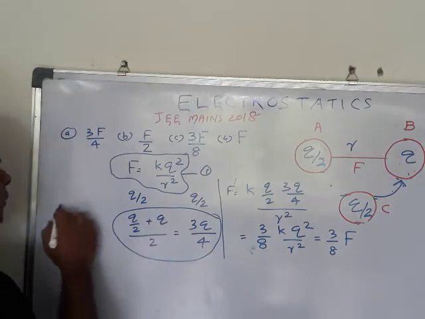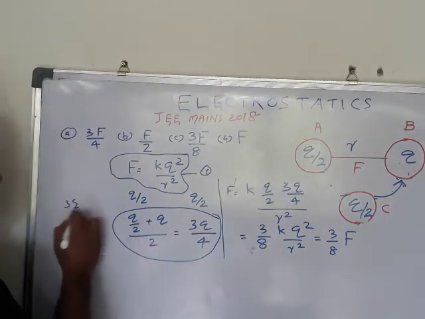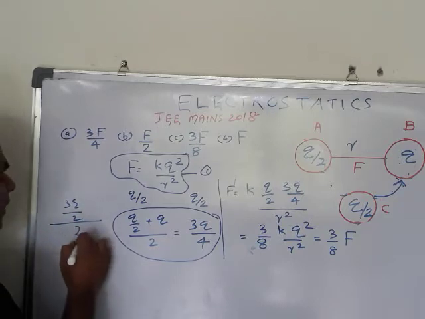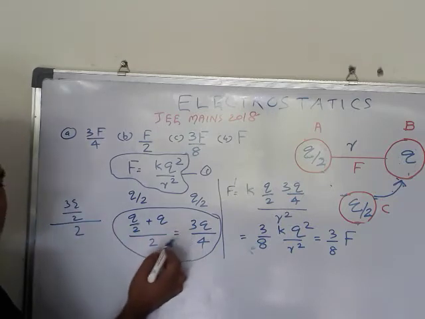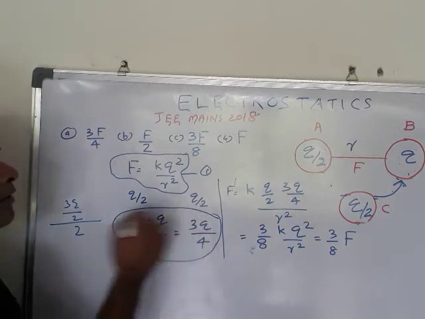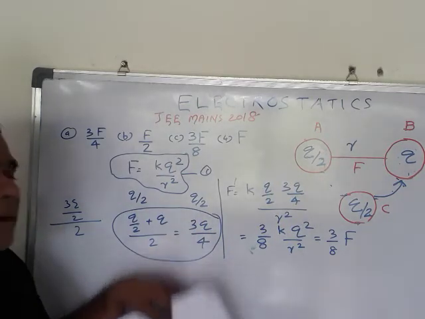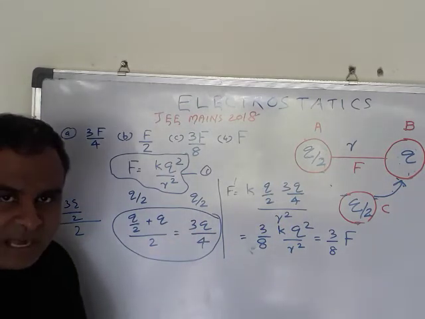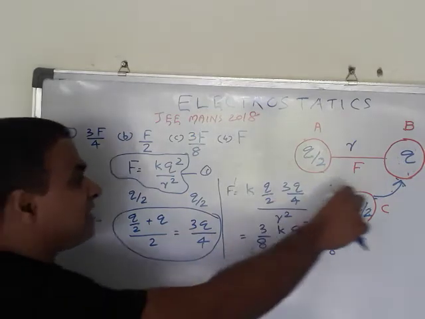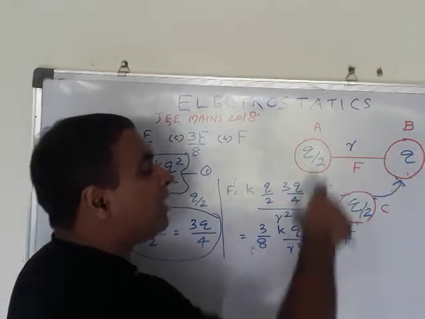This is 3Q by 2, the whole divided by 2. When you multiply with the reciprocal, you will get 3Q by 4. So 3Q by 4 is the charge on each sphere when these two charges are equally shared.